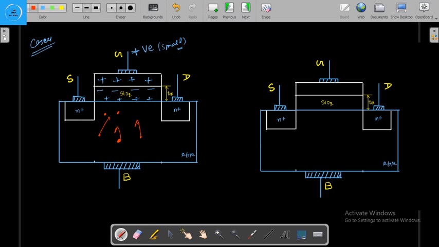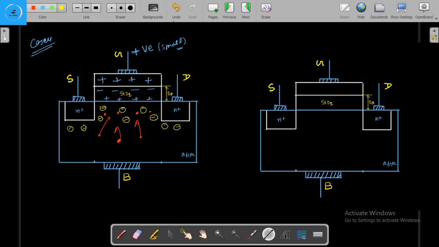And the electrons will appear here, and the immobile negative ions also appear here, or we can say depletion will appear here, right? And some electrons are also present here.